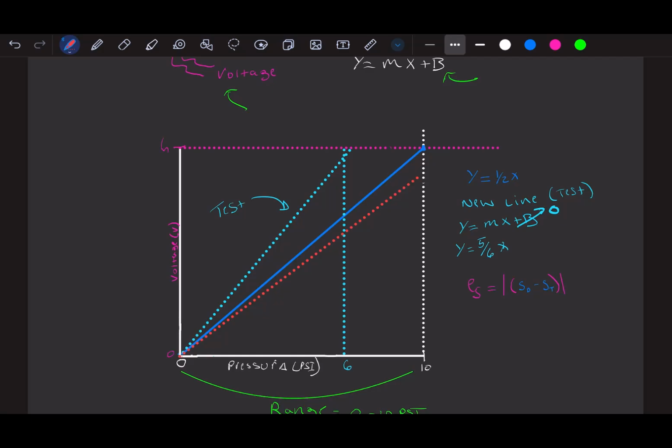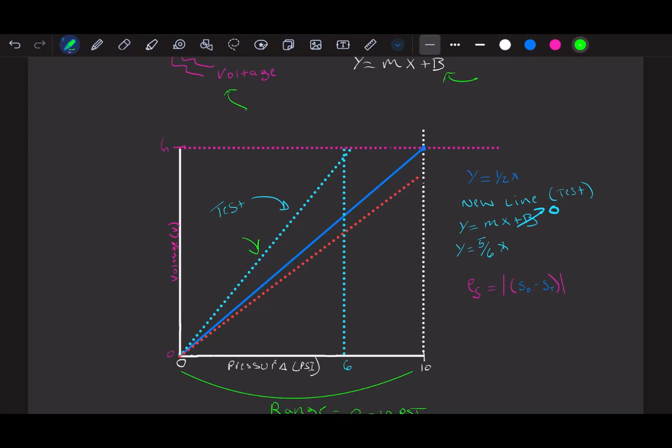What we want to use is the biggest absolute difference in slope. So we can visually check this pretty easily: our teal line, this test line over here, has our biggest difference in slope, much bigger than that for our red line.